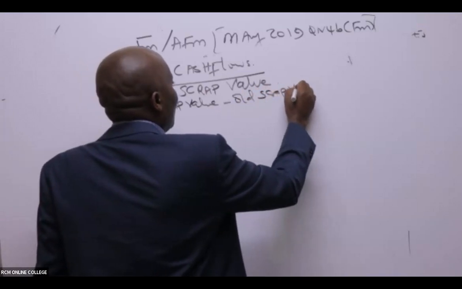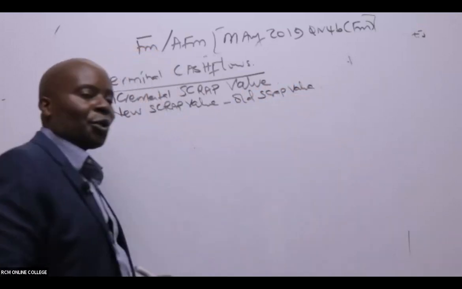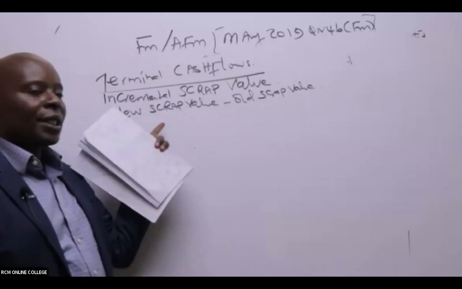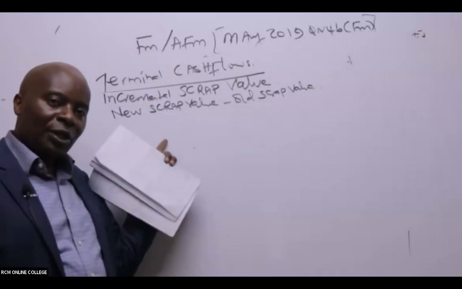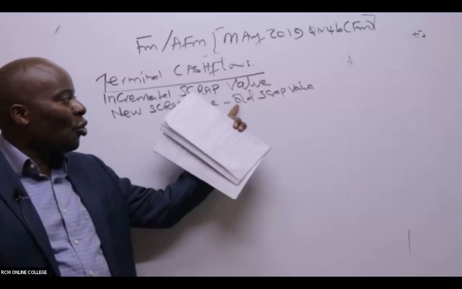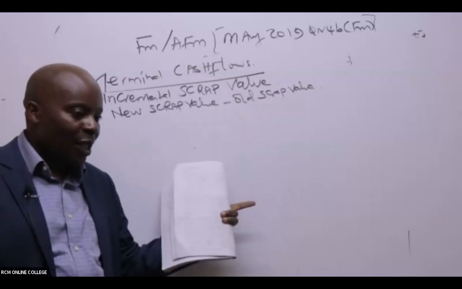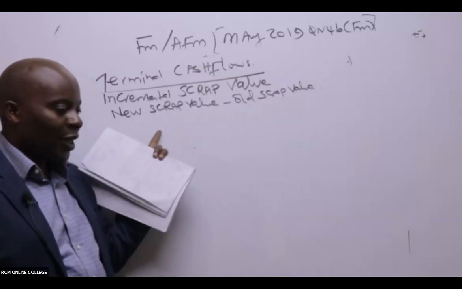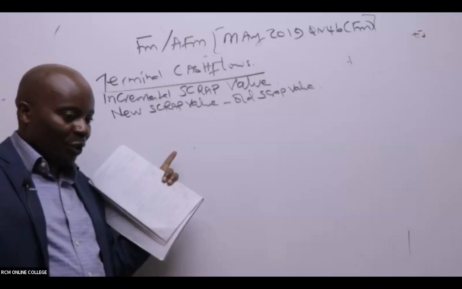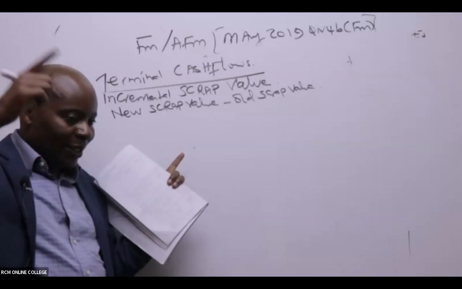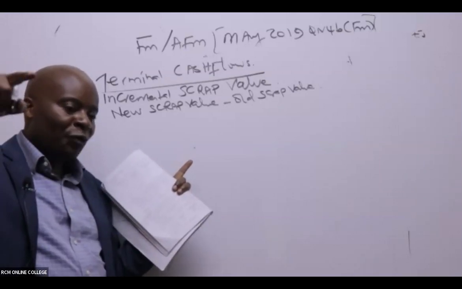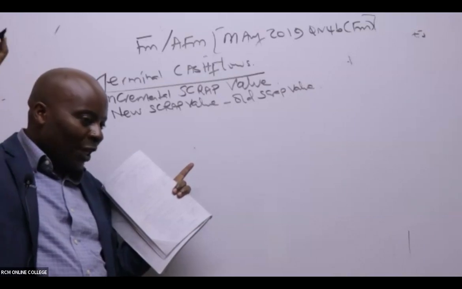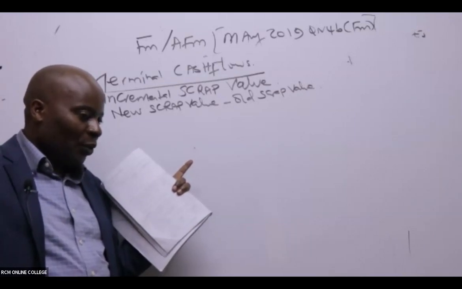Please, I would want to draw your attention here that this is new machine scrap value versus old machine scrap value. This machine that you're bringing on board, how much is its scrap value? You must be able to remember this from the depreciation figure that we worked. Was it not zero?